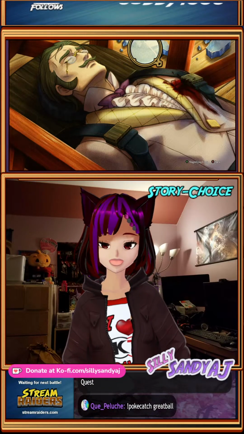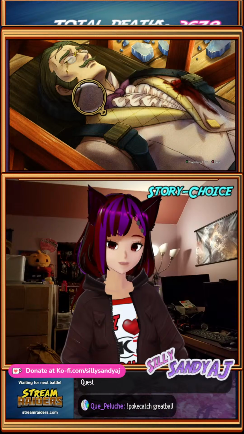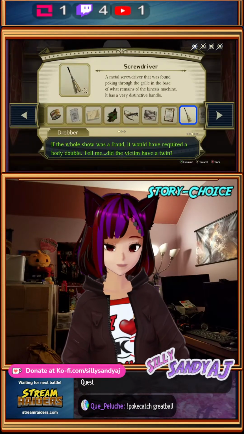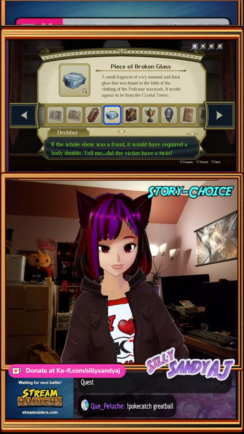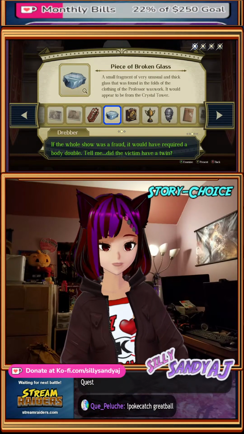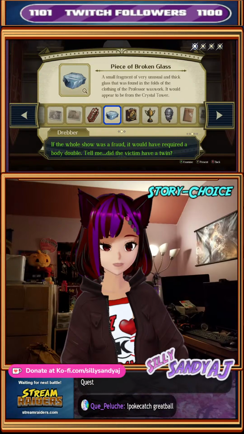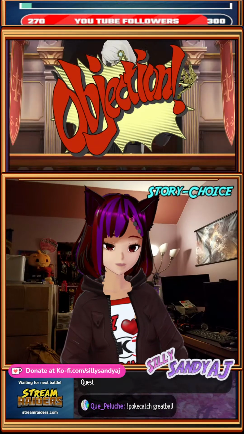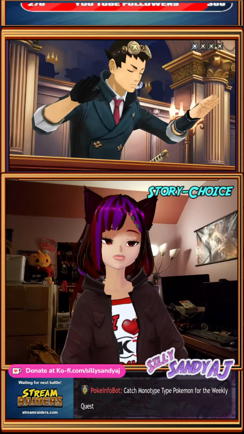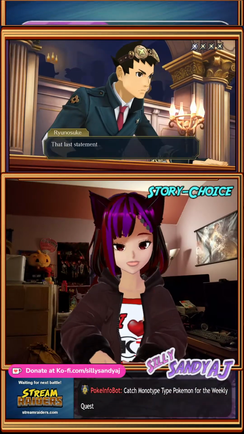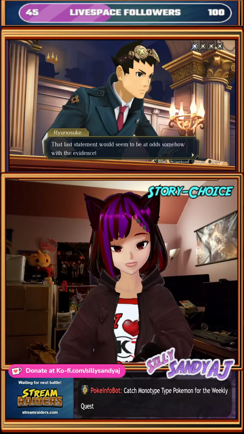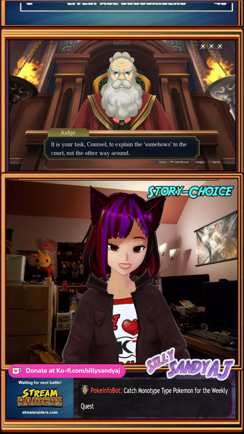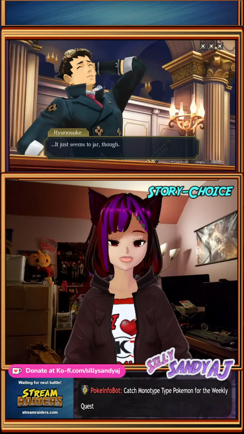The glass! The glass is on that picture. And this glass was found in the clothing of the Professor Waxwork. Objection. That last statement would be seen as odd somehow with the evidence. Oh, damn it!